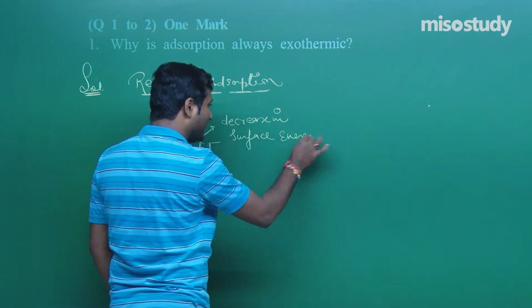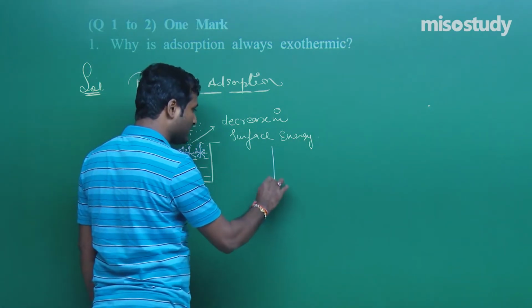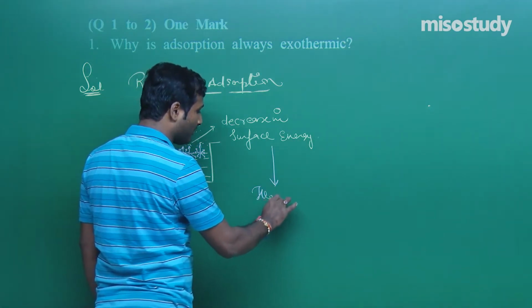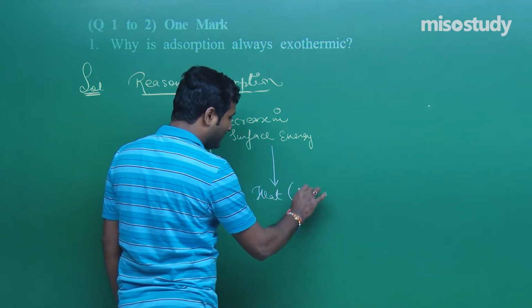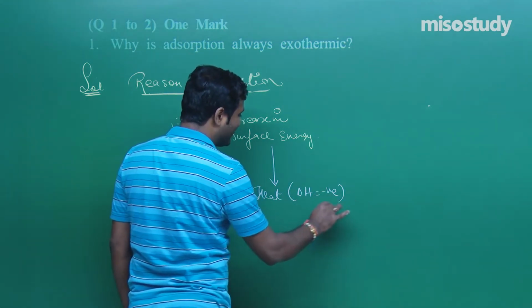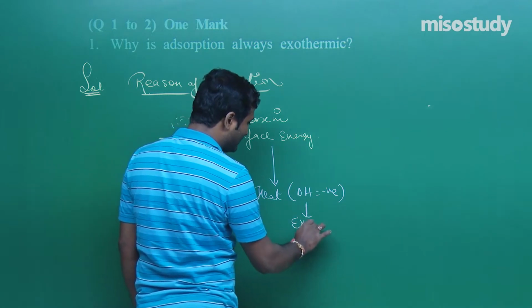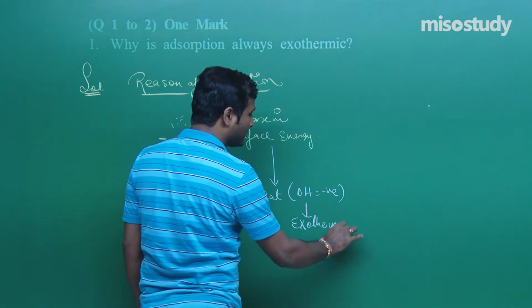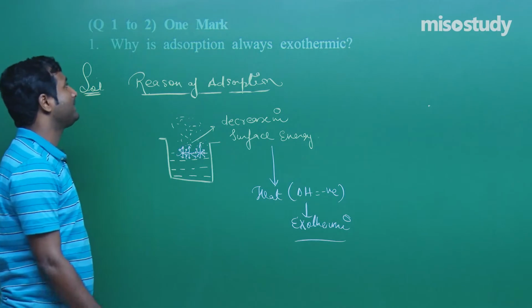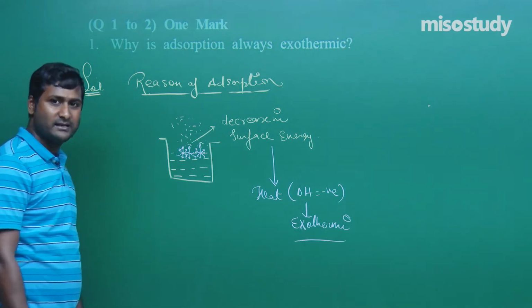And if there is a decrease in surface energy, it appears in terms of heat, and in this case we find delta H is negative. If delta H is negative, the process is exothermic. Why is adsorption always exothermic?